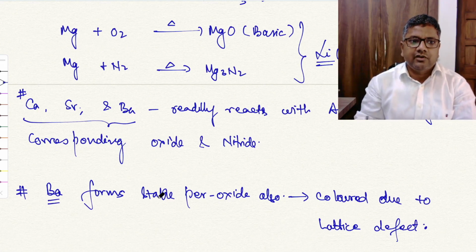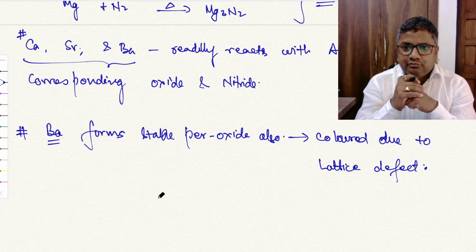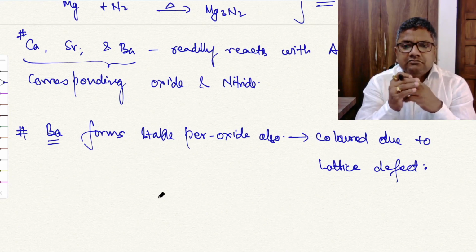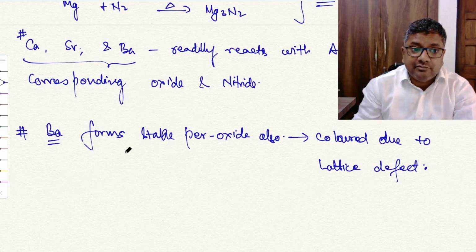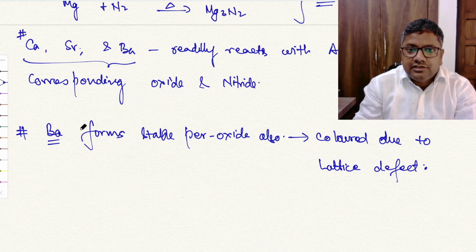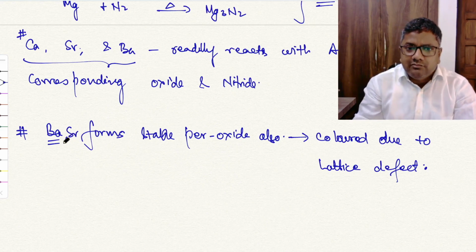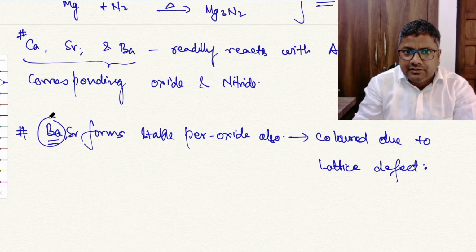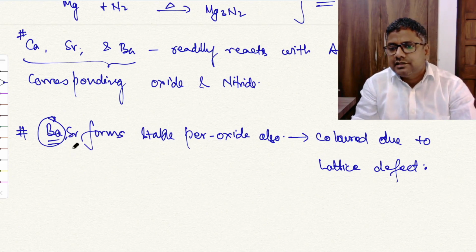So barium here forms the peroxides, and strontium also forms but very little. Calcium does not. Strontium also forms, but not as much as barium, right? So barium and strontium form stable peroxide also, but the maximum we will have with barium, which has a more stable peroxide than strontium, right?